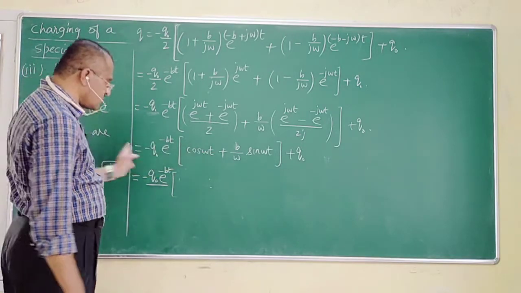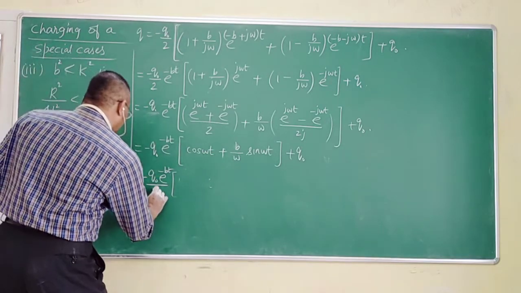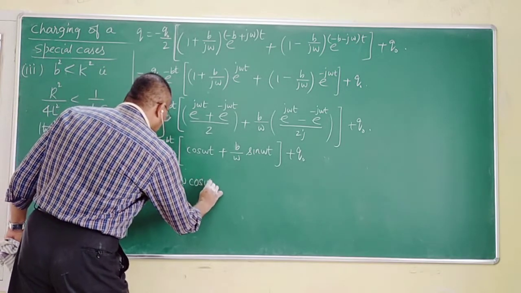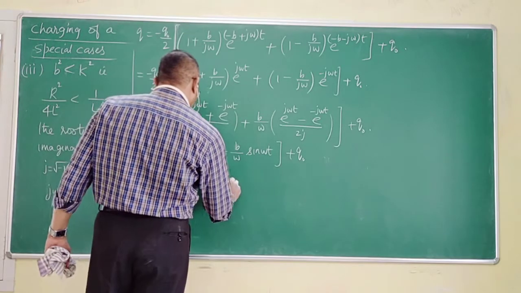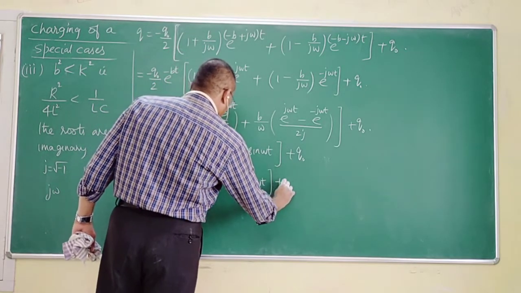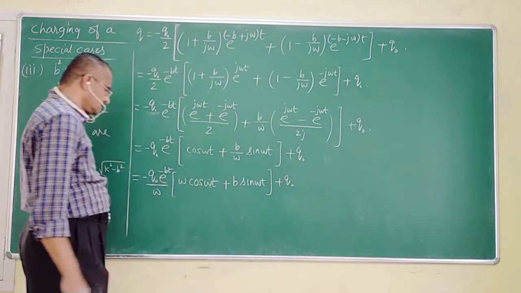Let me take omega outside first. If I take omega outside, this will become omega cos omega t plus b sin omega t plus q naught. Correct, sir?